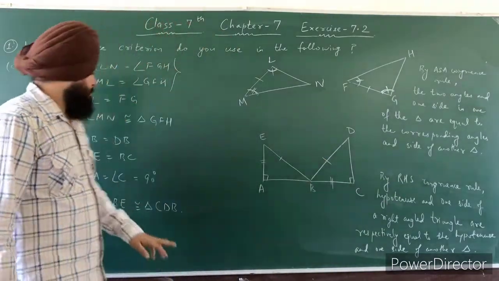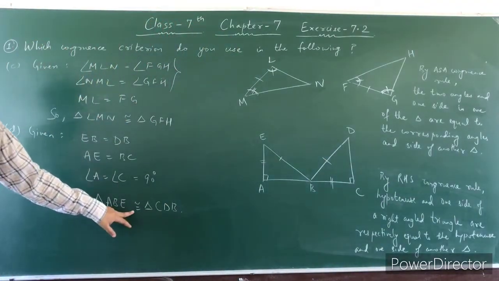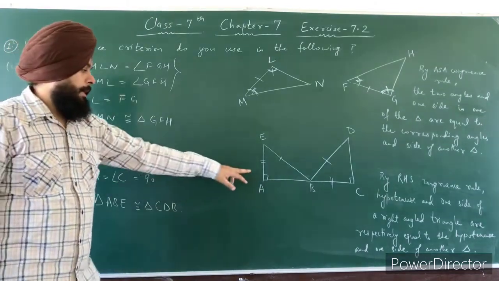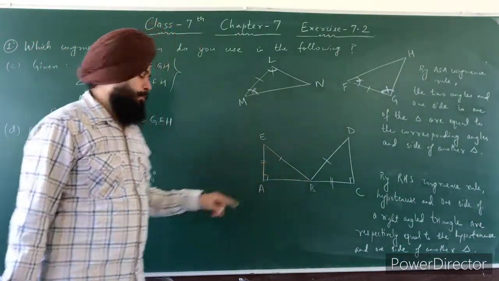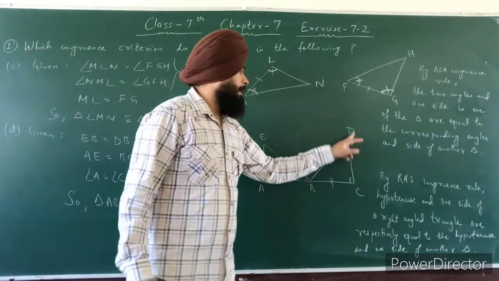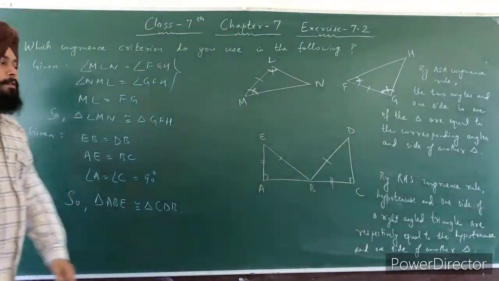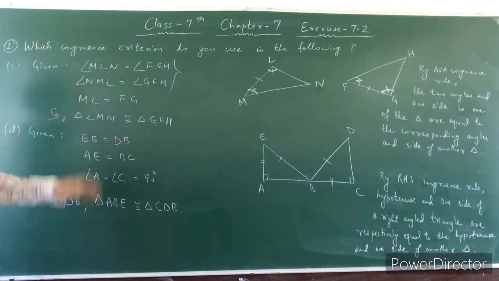So that's why the triangle ABE is congruent to triangle CDB. Clear? So this is your question number first.